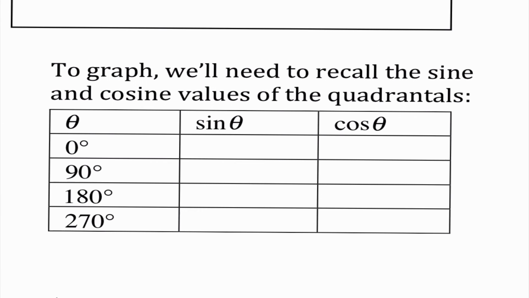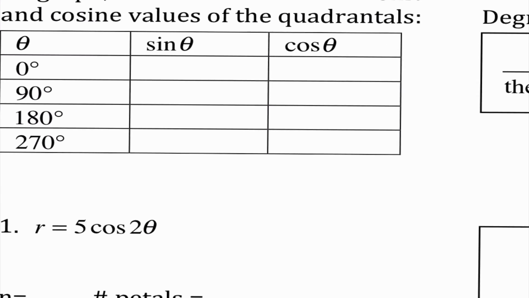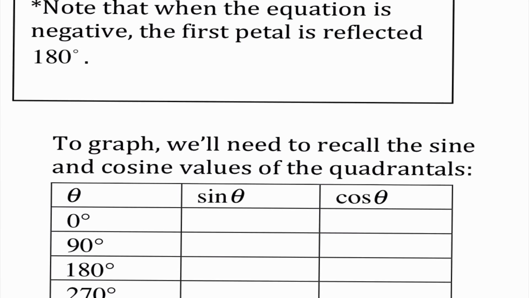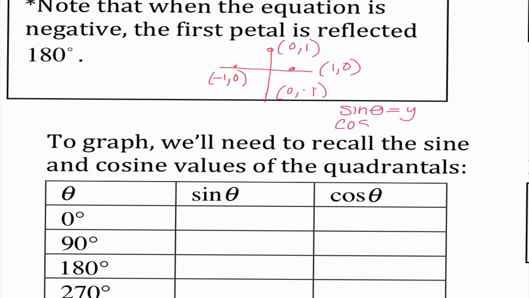Lastly, we need to remember all the sine and cosine values of the quadrantals. We have the ordered pairs 1, 0; 0, 1; negative 1, 0; and 0, negative 1. Sine is equal to y, cosine is equal to x.